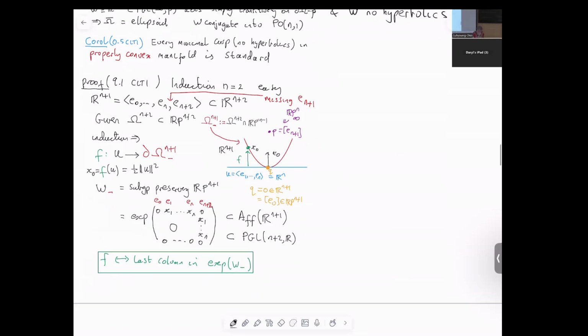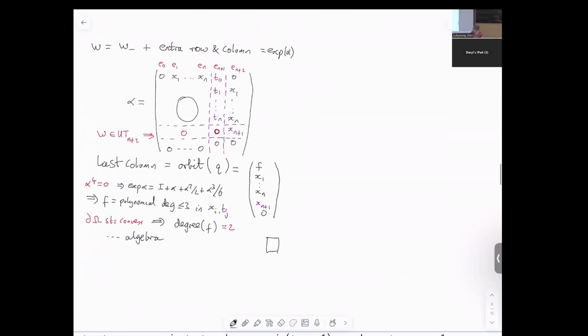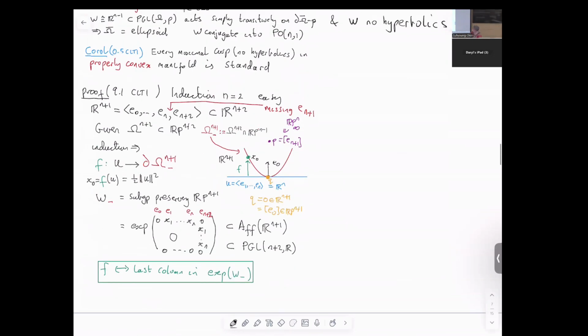And so when you add in the extra dimension, well, I've put in the extra dimension in a funny place. So here, in the inductive step, we're working in one higher dimension, and I've left out in these coordinates the penultimate vector, the n+1th vector.